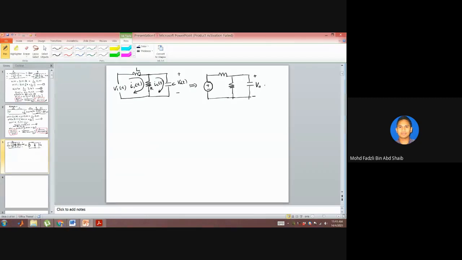We change to S domain. C become 1 over CS. This one become R. This one LS. This one V1S. This one I1S. This is I2S.